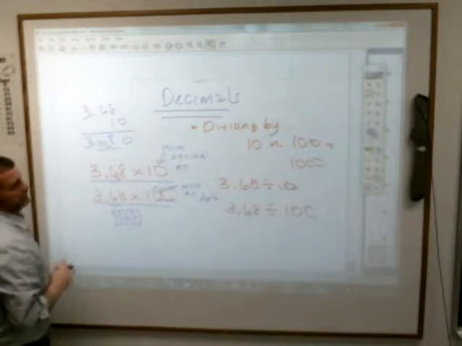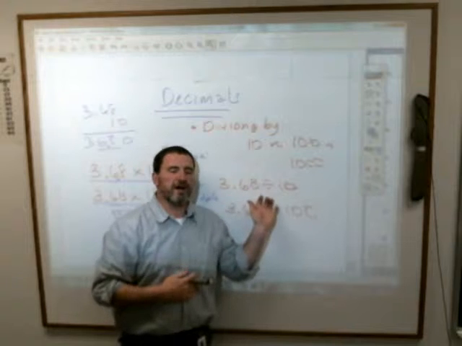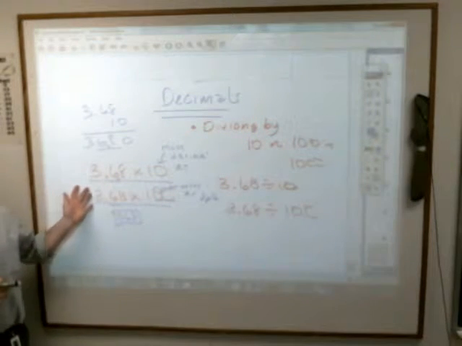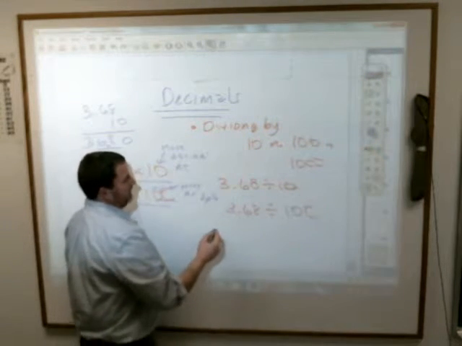Well, today, we're doing the exact opposite, and the opposite is true. When you divide, you don't move the decimal to the right, you move the decimal to the left. So write that down.